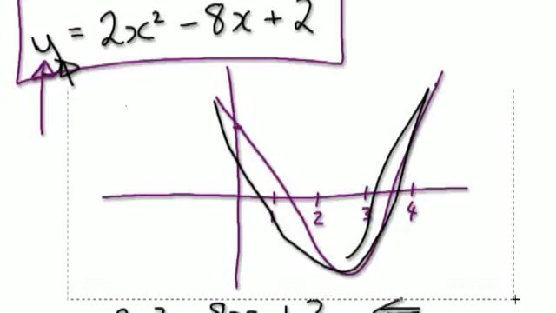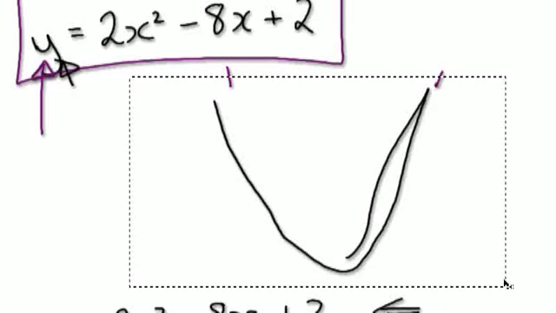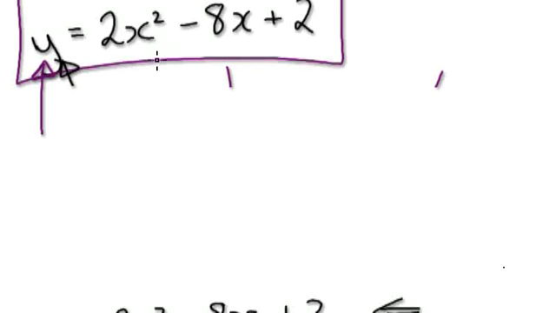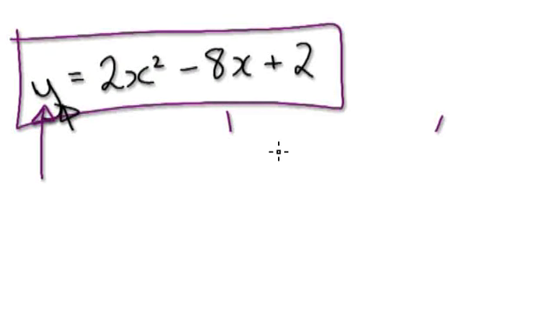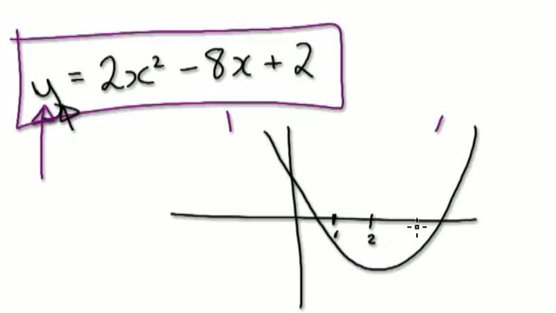Bear with me. Sorry about this. Okay, if you try to sketch this here, our diagram should look something like this, and it should be between 0 and 1. And then 1 is here, 2 is here, 3 is here, 4 is here.